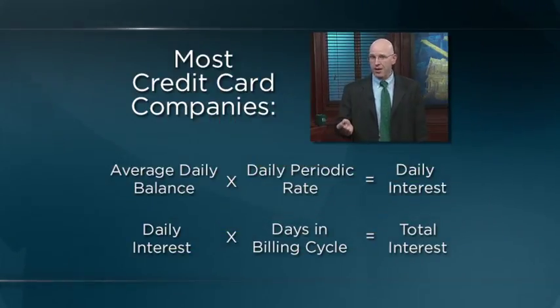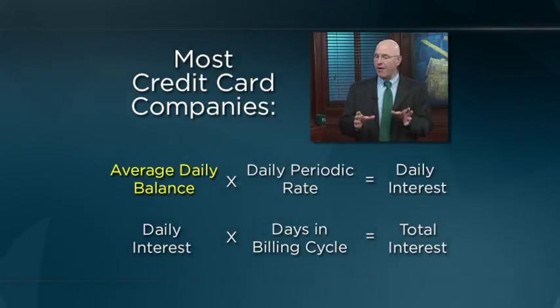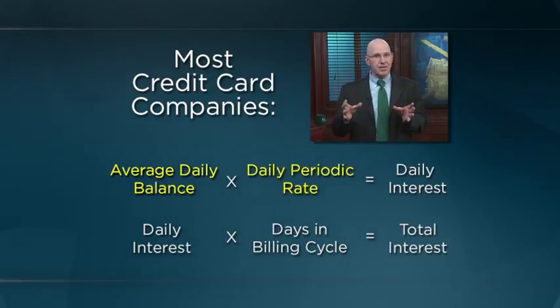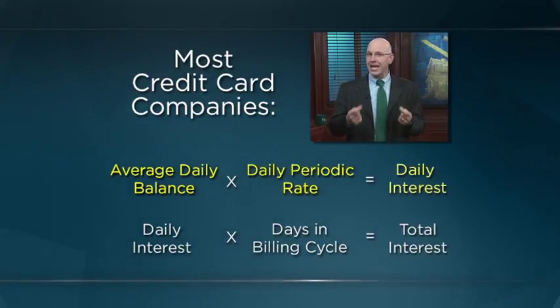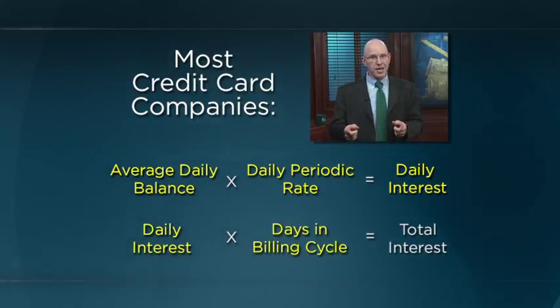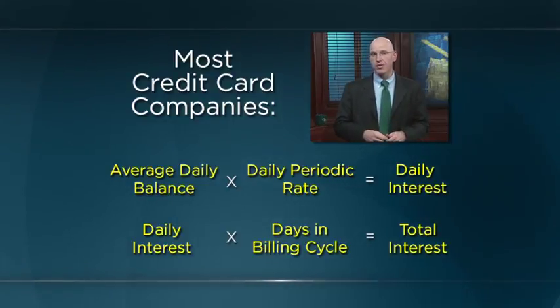For most credit cards, the company calculates your average daily balance and then multiplies that by a daily periodic rate to get the daily interest you owe. Then it multiplies this interest by the number of days in the billing cycle to get the total interest that you owe.